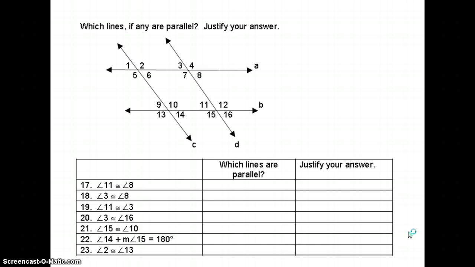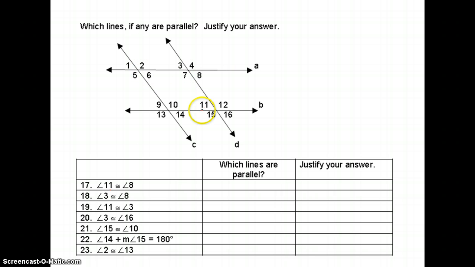Alright, 17 through 23. Which lines are parallel? Justify your answer. Okay. Let's look. You can mark this up on your drawing if you would, but I'm going to try not to, so I don't have to do a lot of erasing. The first one says 11 is congruent to 8. Well, if those two angles are congruent, this is the transversal, and these are the lines.